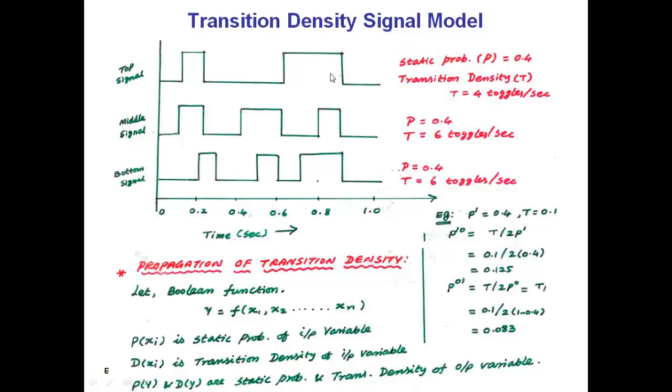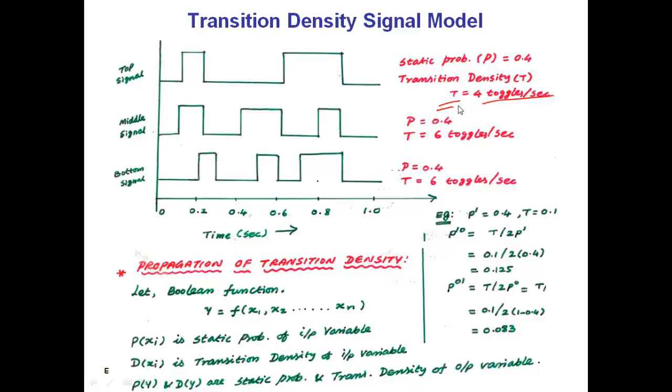In this regard, we will take examples of 3 different transients. This is at logic 1, and here also it is at logic 1. So much of the time of observation we have taken, out of which we can mark the probability of being at one state as 0.1 plus 0.3 units of the time, so it is 0.4, and within which it incurs 4 such transitions, therefore 4 toggles per second.